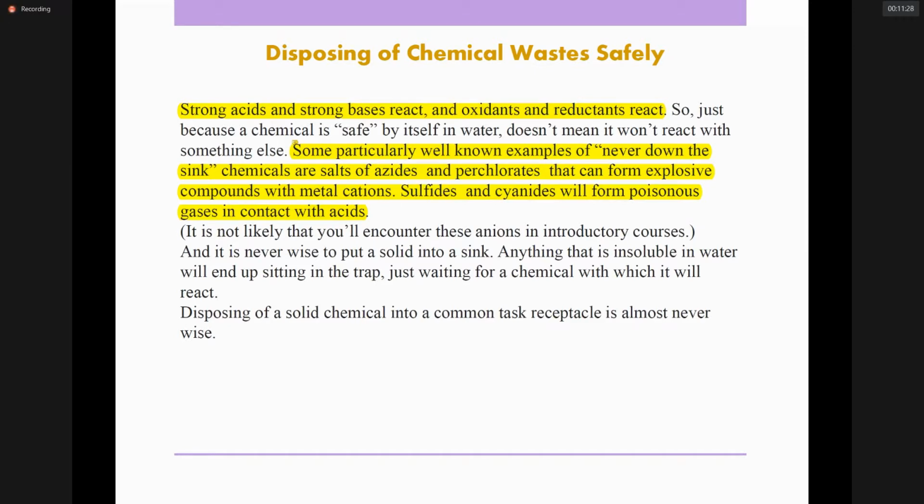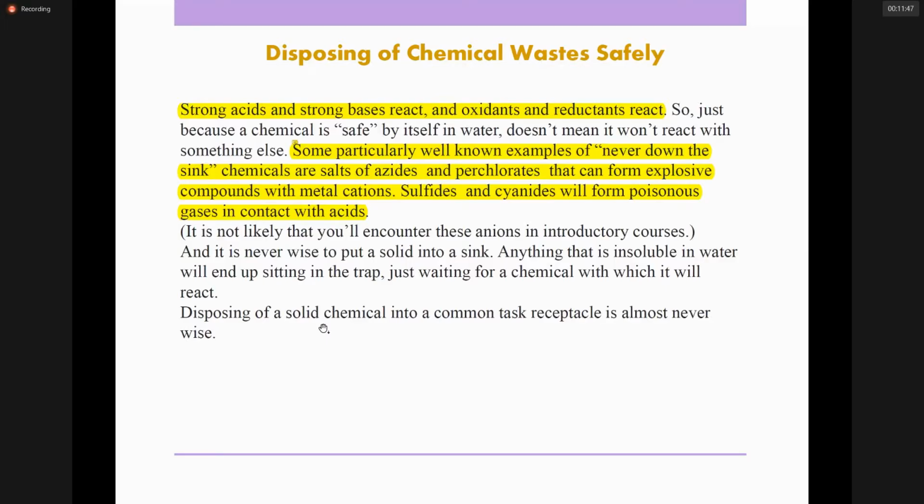Sulfides and cyanides also must not be poured into the sink because they form poisonous gases in contact with acid. Also, disposing of solid chemicals into the sink is not allowed.